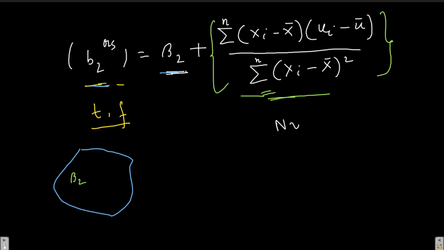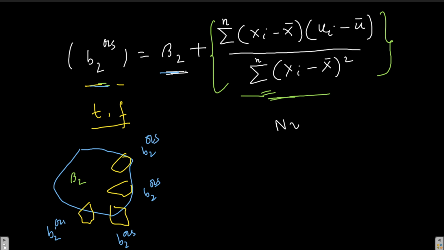So what you can do is draw samples, right? You can draw these different samples, and you get values, let's say B2 OLS here, and a B2 OLS here, and here, and so forth.